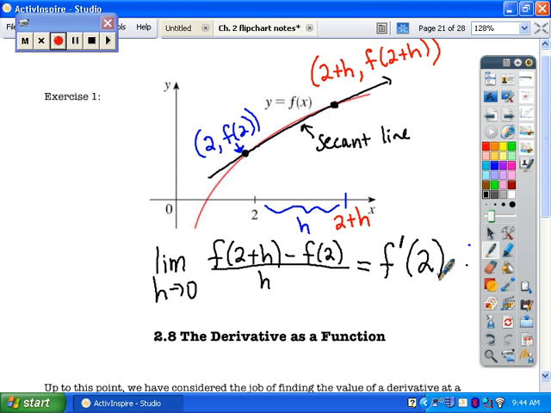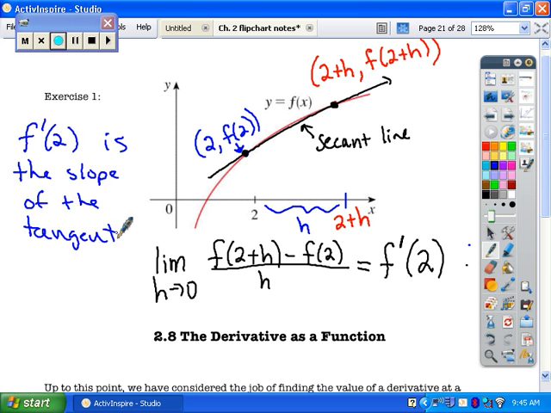Now, remember, when we talk about the first derivative at 2, f prime of 2 is the slope of the tangent line at x equals 2. That's what that means. It's the slope of the tangent line at x equals 2. So there's a setup using the h goes to 0. And that's how we could figure out what that's going to be equal to. Questions about that piece?